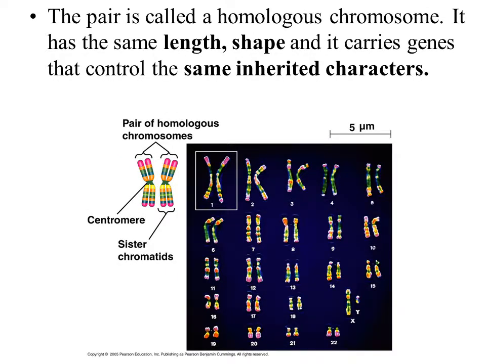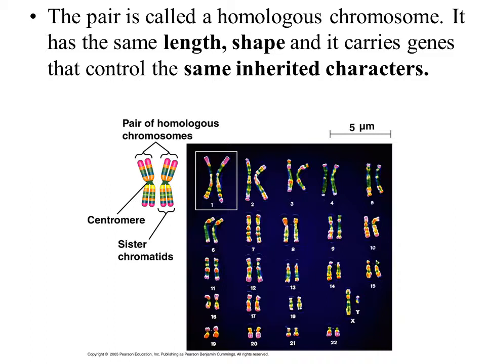In humans, we have 23 pairs of chromosomes. These pairs are called homologs or homologous chromosomes. They have the same length, the same shape, and they carry genes that control the same inherited characters.